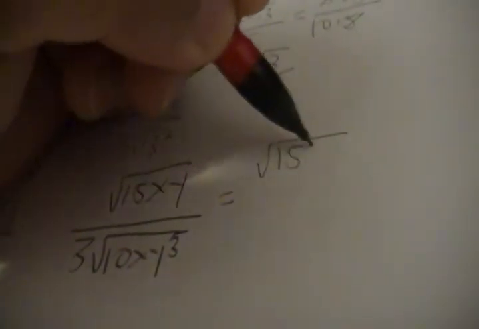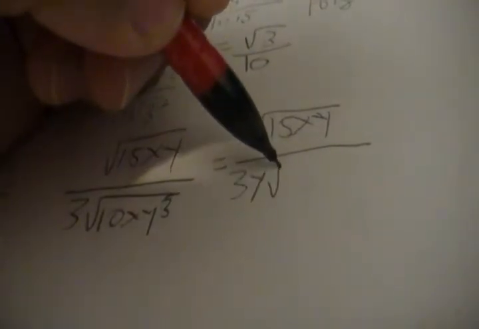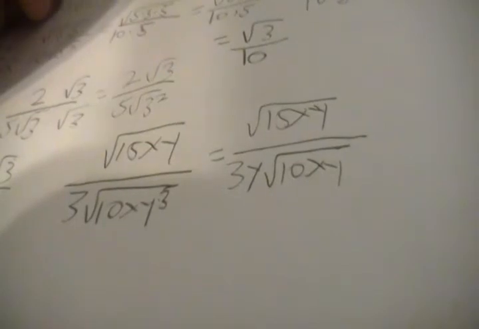So it gives us square root of 15xy for the top over, now here we're going to have 3. Can you take the radical of 10? No, we can't. So the only thing that we can actually take the radical of is this y cubed. So y cubed is y squared times y, so we have 3y square root of 10xy.